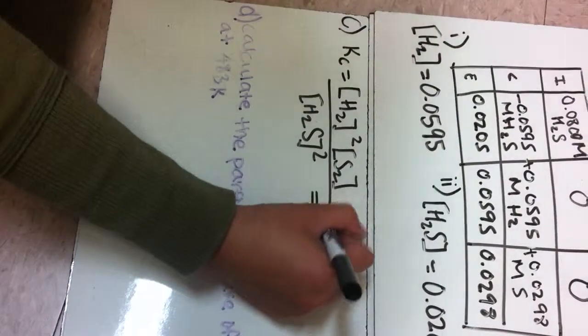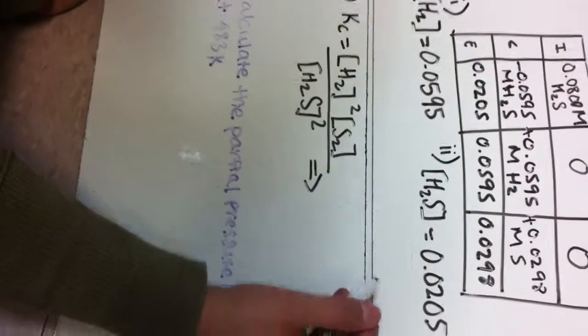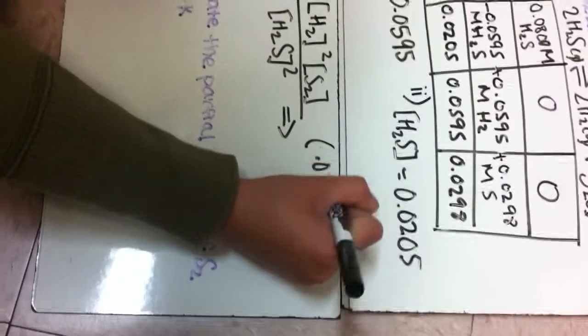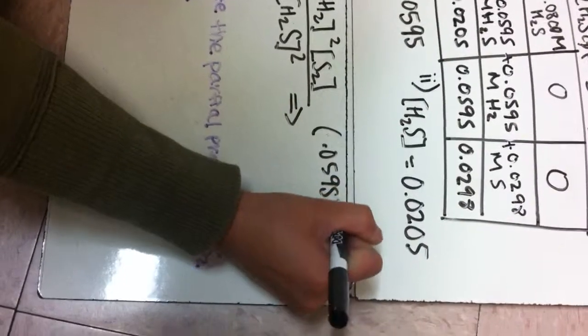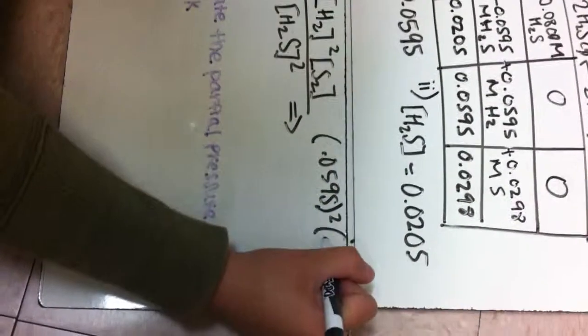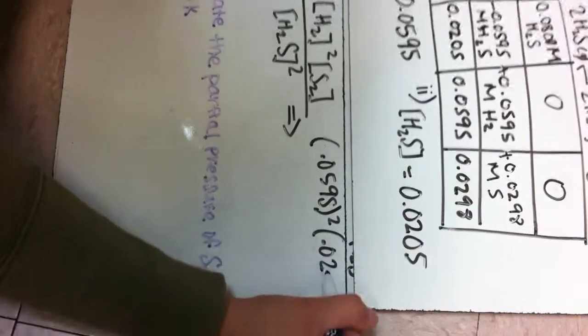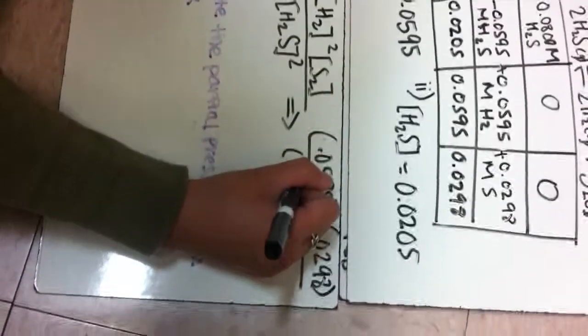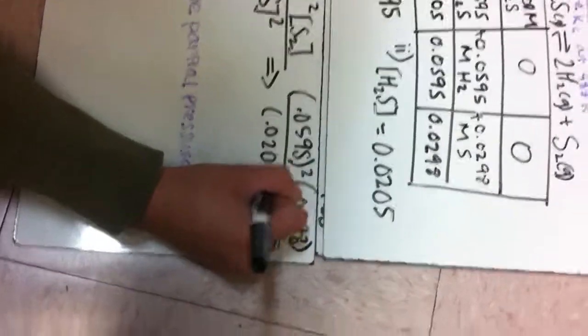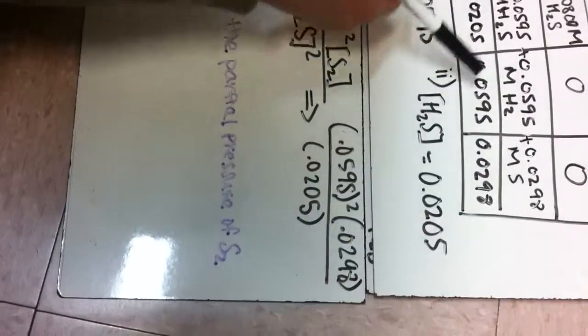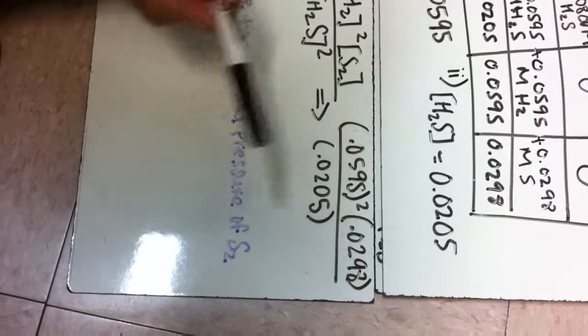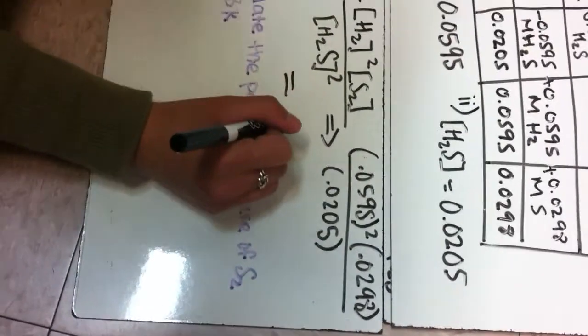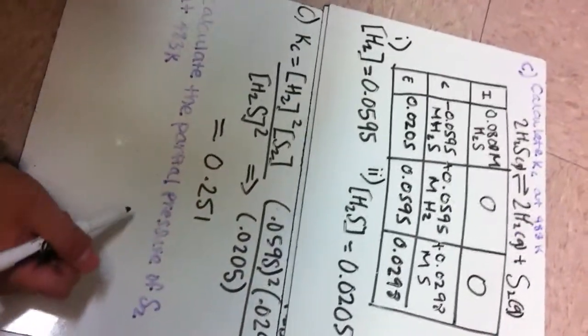So we plug in our values, which gives us this as our equation, and this gives us 0.251 as our Kc.